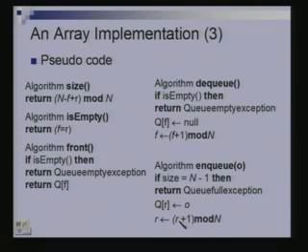Because we need to do the wraparound. It's circular. The indices go from 0 through n minus 1 only. So when I increment R, if R is already n minus 1, I don't want it to become n, I want it to become 0. So n mod n is 0 and I'll have it set to 0.